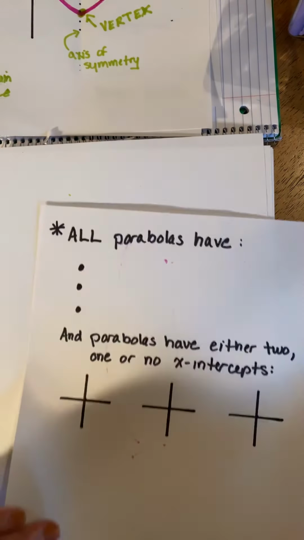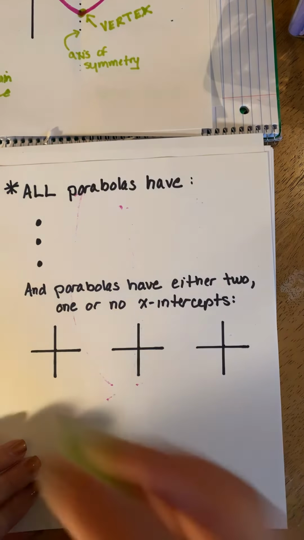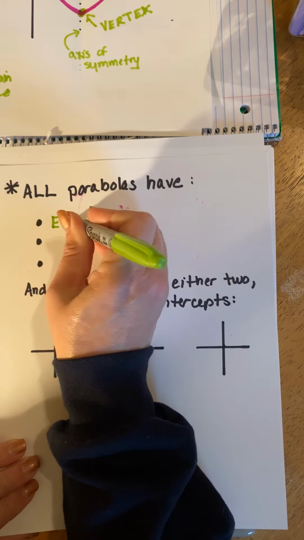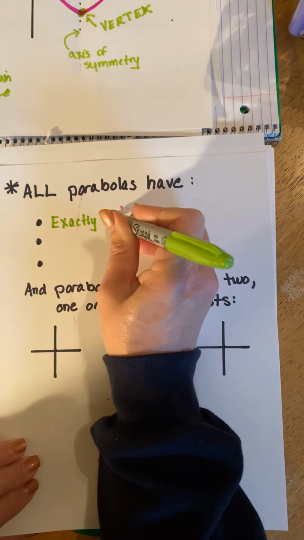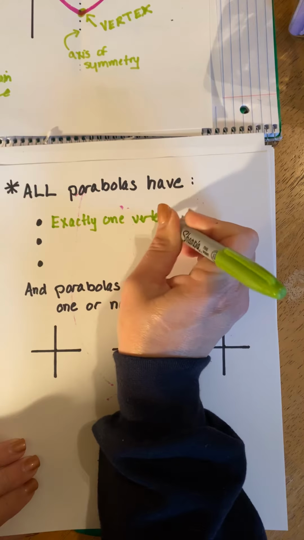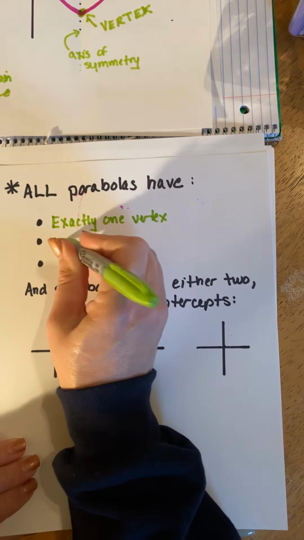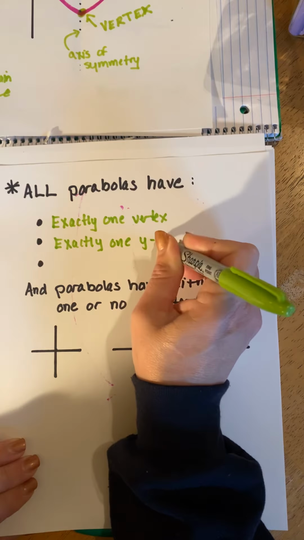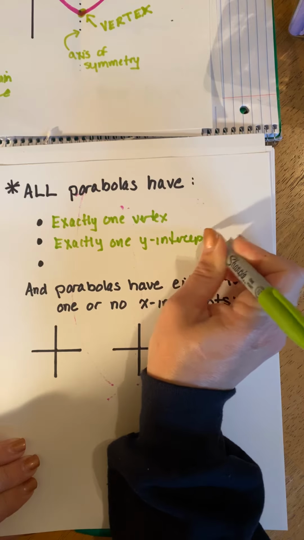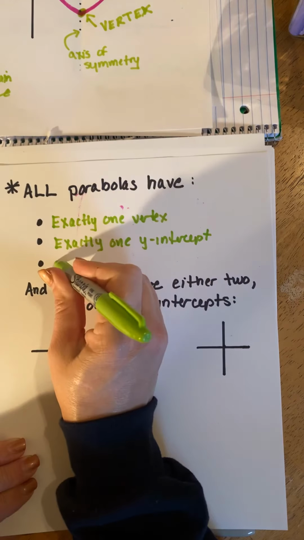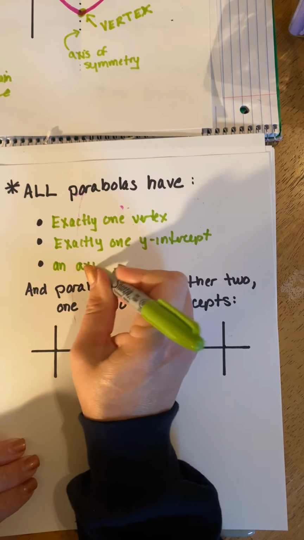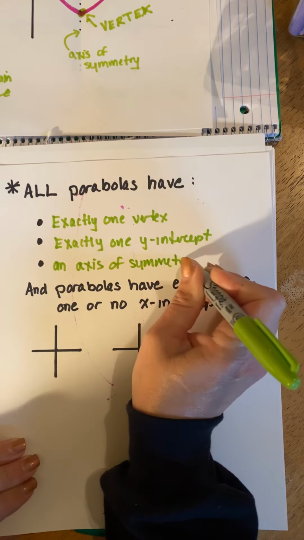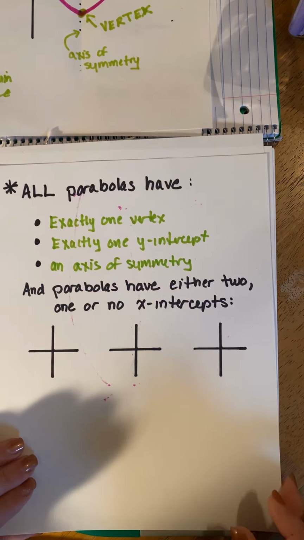All parabolas have exactly one vertex, all parabolas have exactly one y-intercept where it crosses the y-axis. All quadratic functions have an axis of symmetry, just one. It's the vertical line that passes through the vertex.